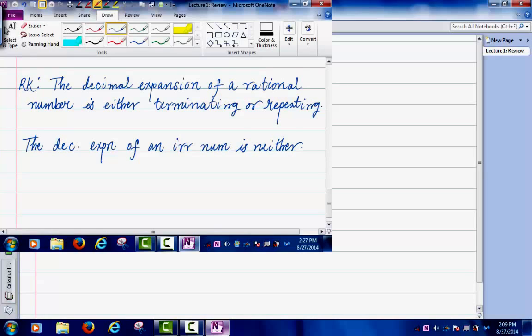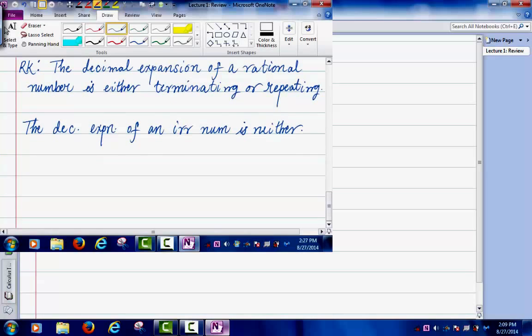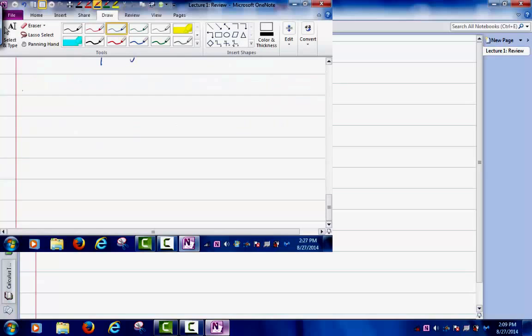Okay? For example, let's say I have the number 3.25. So this is a terminating decimal expansion, right? You have only finitely many digits. This can be expressed as the ratio of two integers.